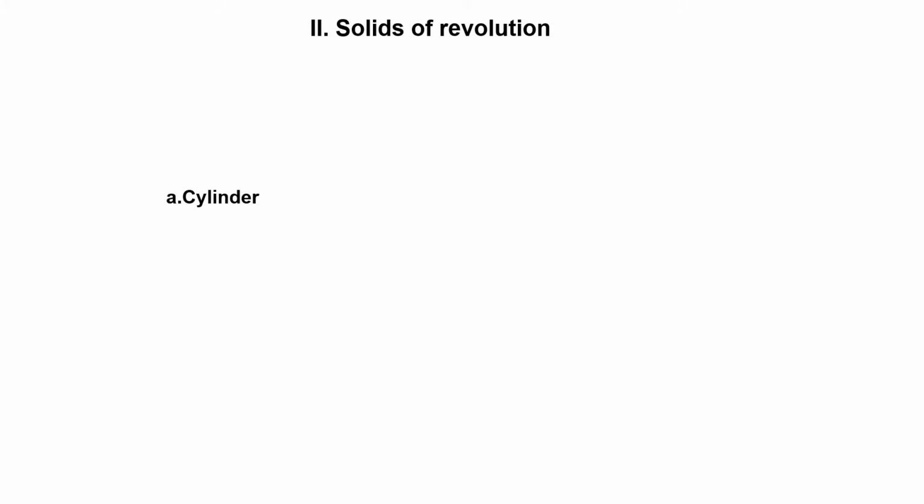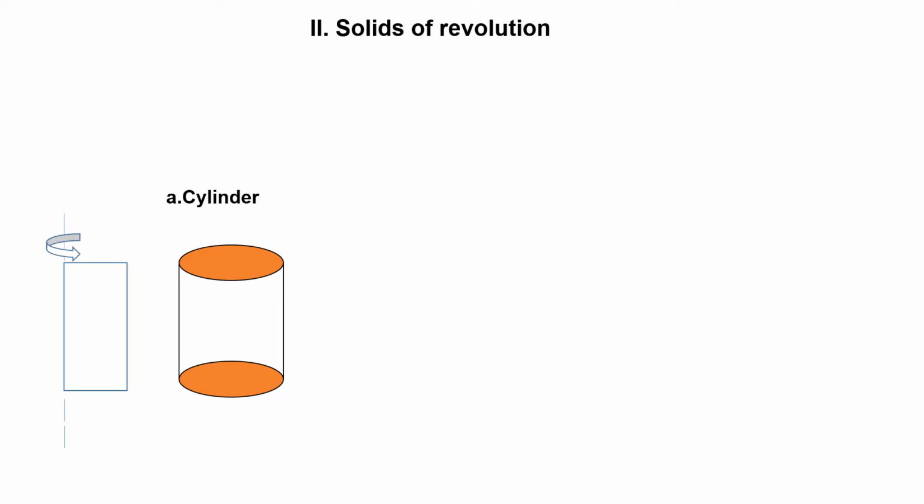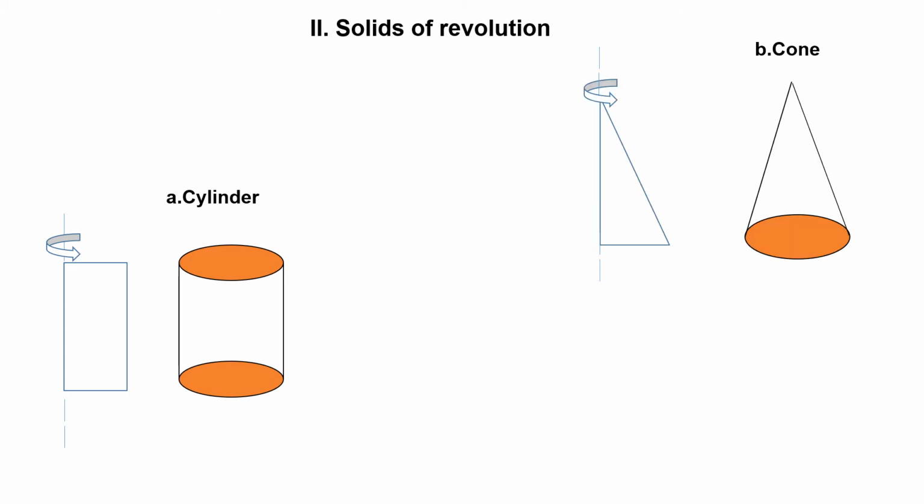For example, a cylinder: a rectangular plane revolving around its axis gives a cylinder. Cone: a right-angled triangular plane revolving around the axis gives us a cone. Sphere: a semicircular plane revolving around the axis gives us a sphere.